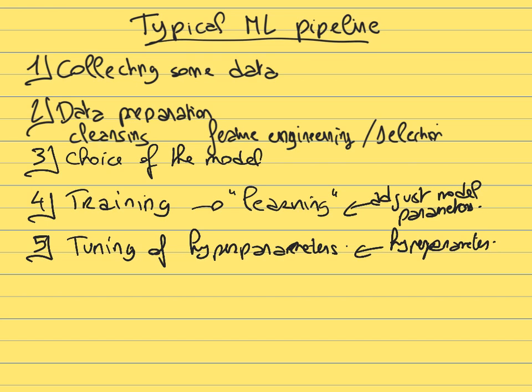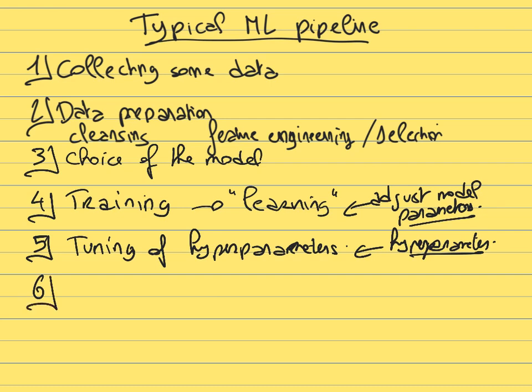They are different from the weights or the bias of the model. The parameters that you adjust in step 4 dictate the relationship between input and output, and the hyperparameters that you change in step 5 dictate how complex the model is, or how it learns from the data.